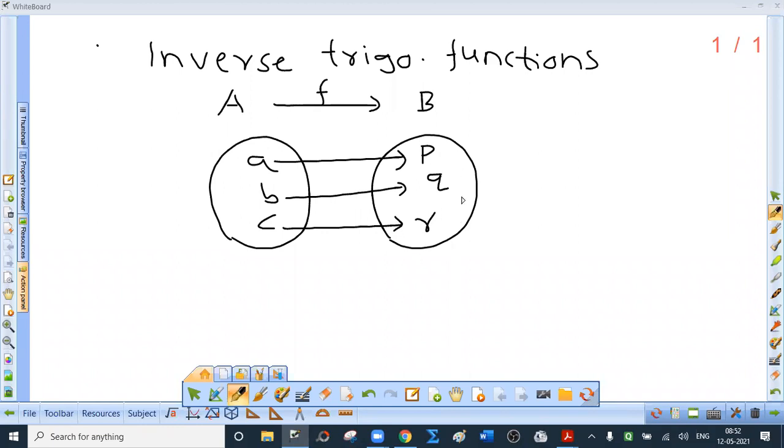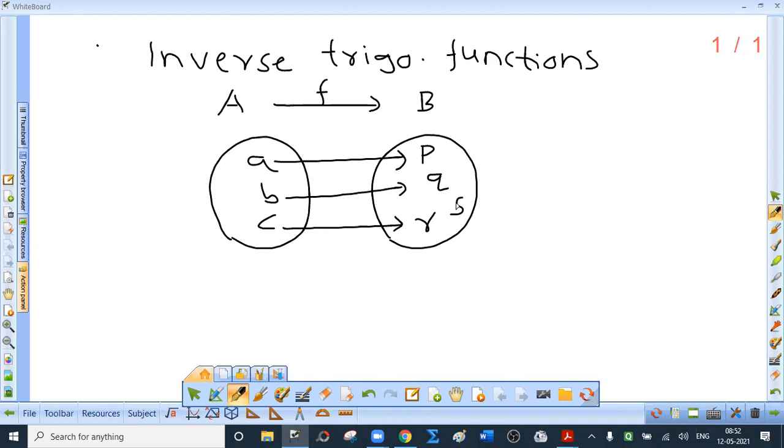In fact, if I include S here, you will notice that the range of the function is a proper subset of codomain. That is, there is an element in the codomain which is not the image of any element. This is the reason for a function to be an into function and not an onto function.